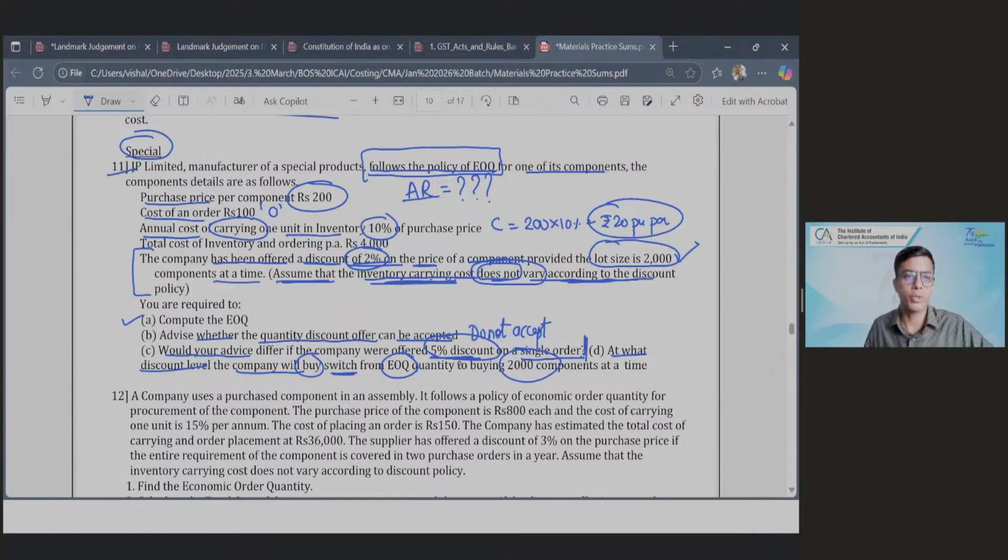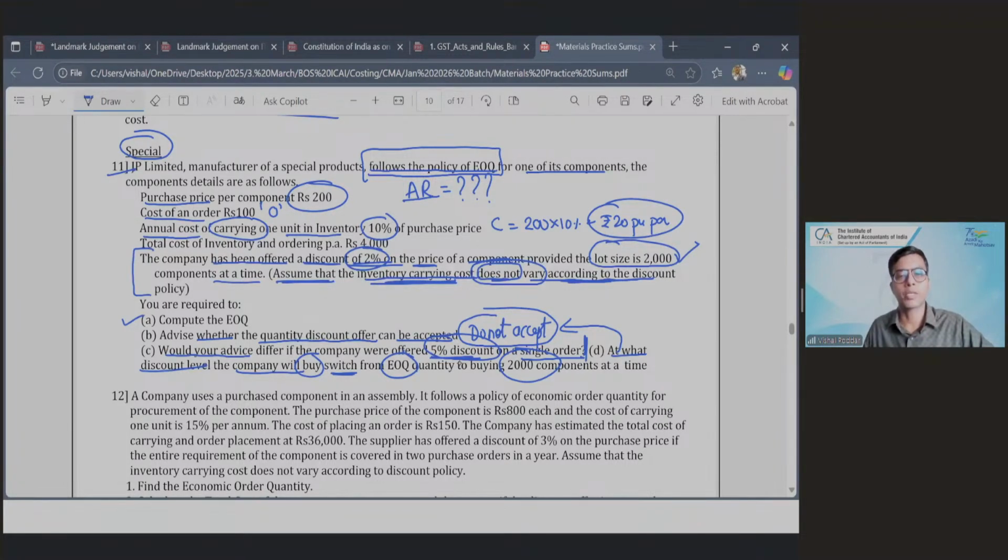Now, actually, this D part is connected to the B part. In the B part, you had given the answer for the 2000 units option: do not accept the offer of buying 2000 with a 2% discount. Why? Because it was slightly costly.